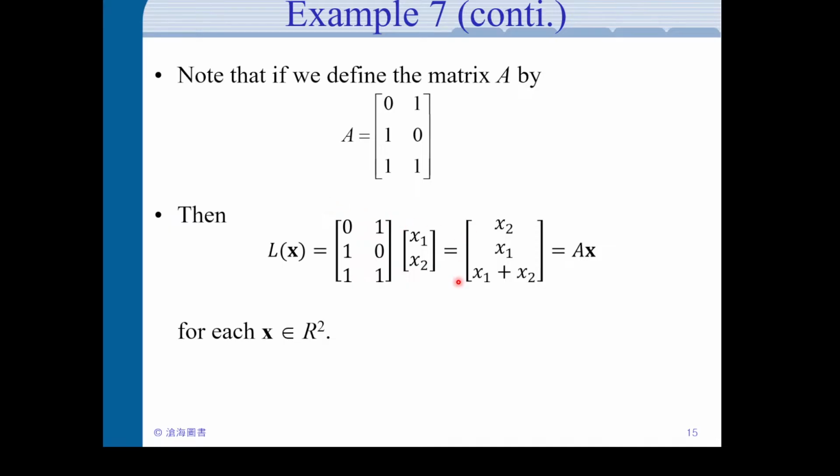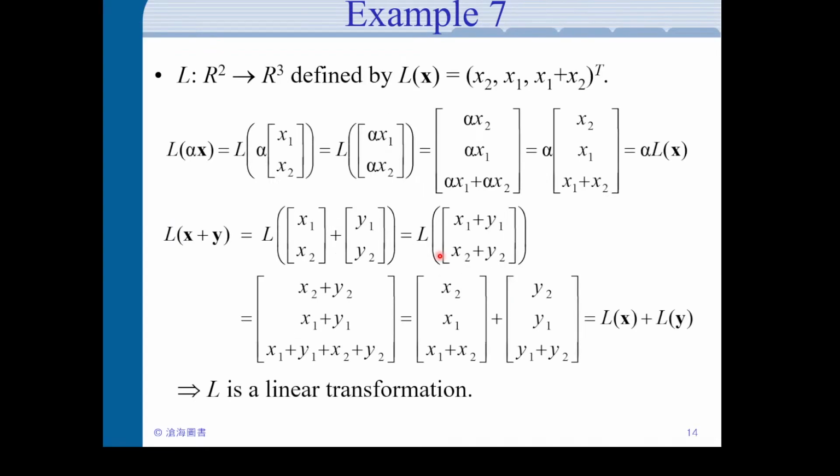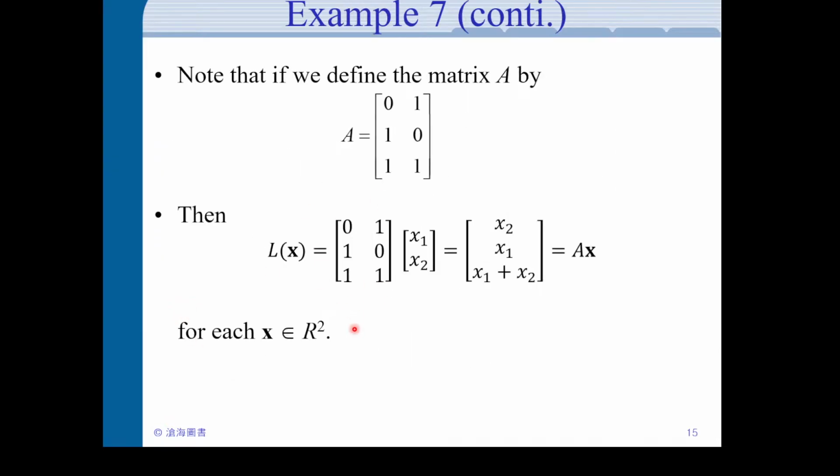So 0, 1 times x1, x2 becomes x2, 1, 0 times x1, x2 becomes x1, and 1, 1 times x1, x2 becomes x1 plus x2. So if every coordinate is a linear combination of the input vector, you can quite intuitively write down a matrix A such that your output vector is A times your input vector x.